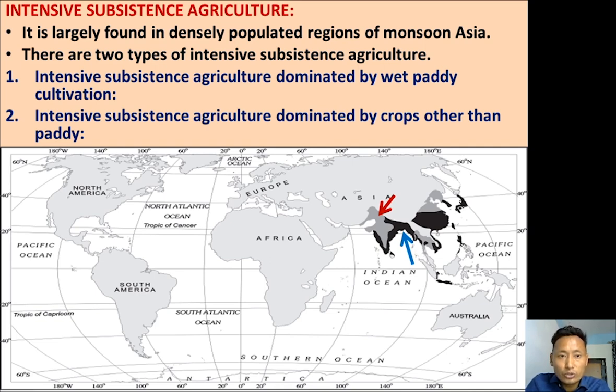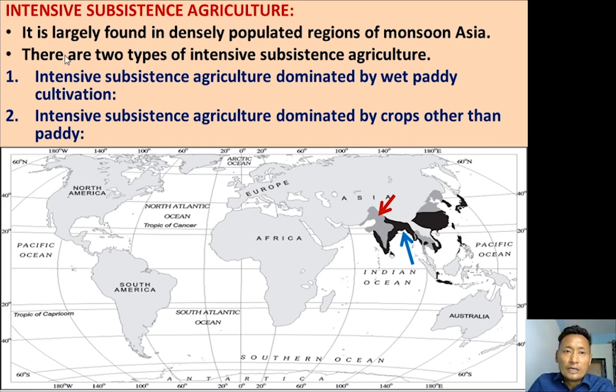That means they are using that particular land in an intensive way, because they are cultivating two or more crops on the same field. Because of the intensive use of agricultural land, it is called intensive subsistence. Why are they cultivating? Mainly for self-consumption.